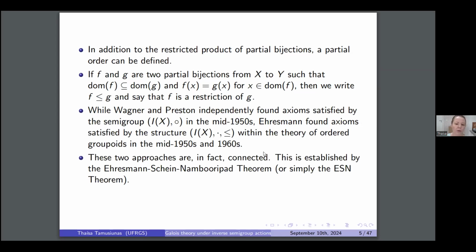And these two approaches have a connection. This connection is established by the Ehresmann-Schein-Nambooripad theorem, or simply the ESN theorem. And I will now discuss the elements of this theorem because we will use it in Galois theory in a few moments.